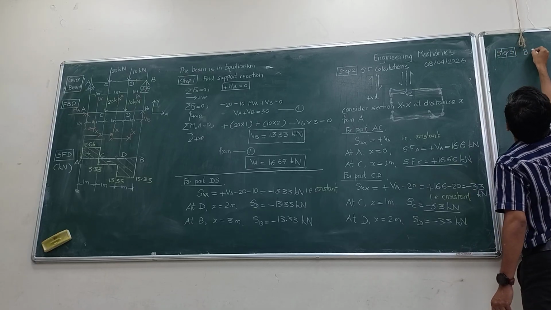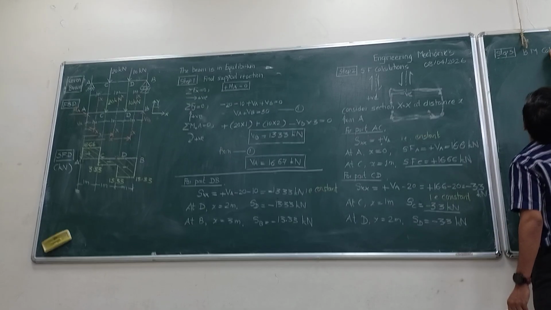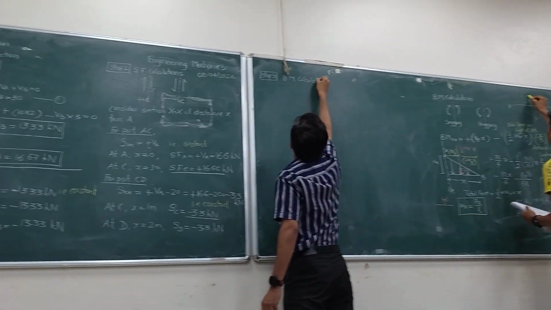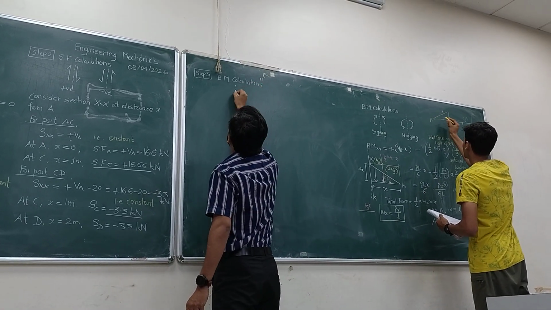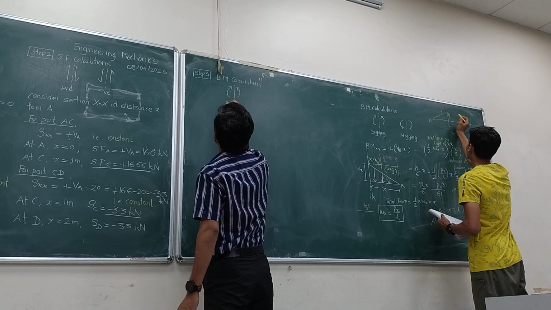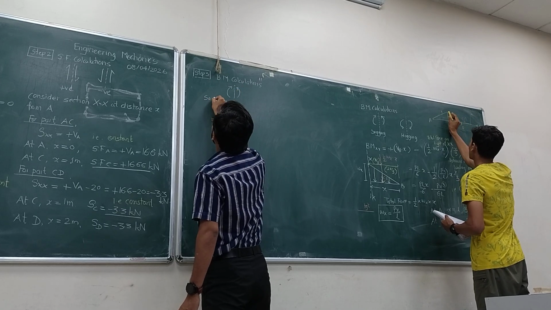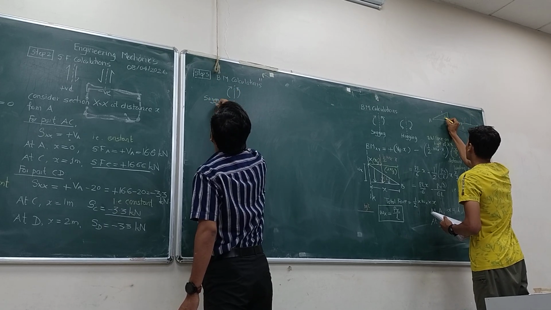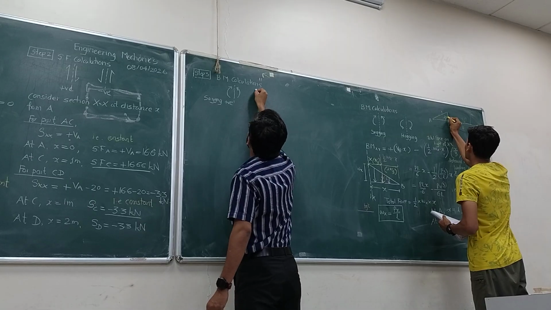Bending moment calculations. So what is the sign convention? Sagging positive, and hogging negative.